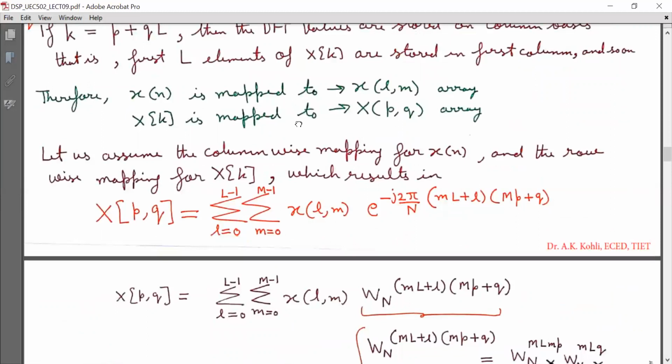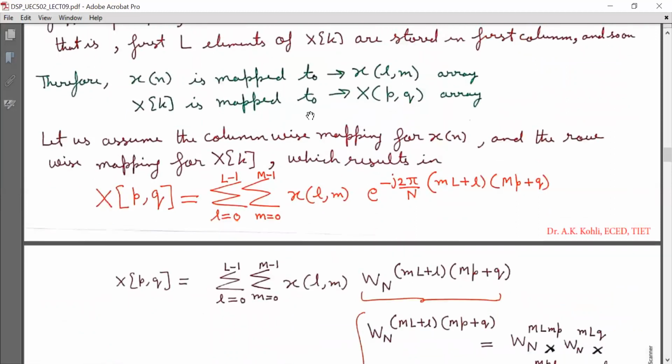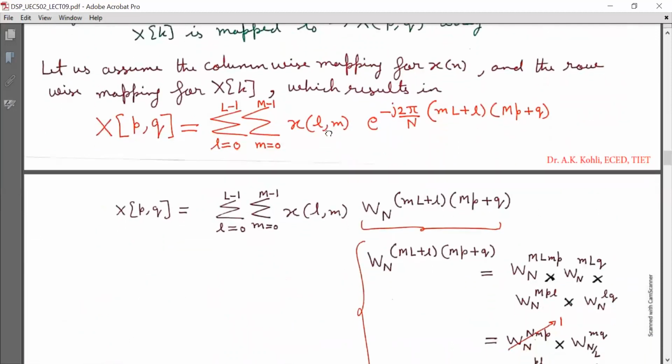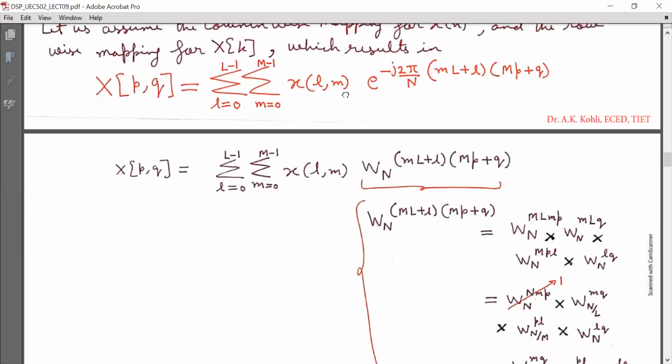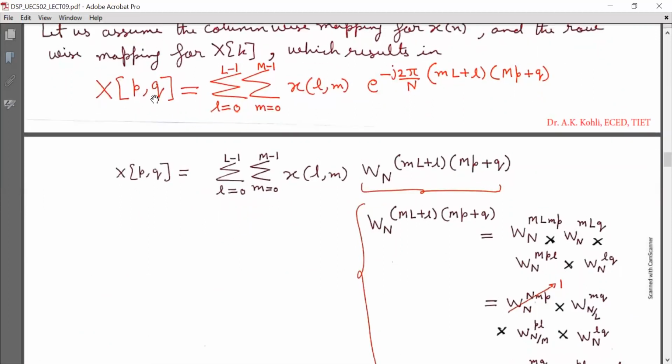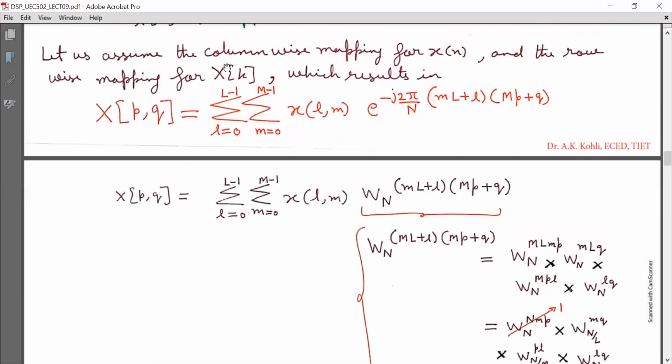Now let us assume that we are doing column wise mapping for x(n) and row wise mapping for capital X(k), which results in X(p,q). So X(k) is mapped to X(p,q).